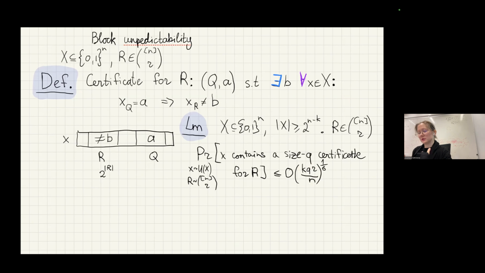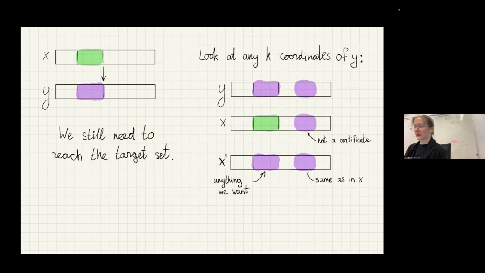This is what we need to look after: that after finding the mirror set and taking the biggest chunk out of the mirror set, we still have quite a large set. And now we have more freedom in flipping the bits, which is good. But as I've written here, we still need to reach the target set. Even if we have more freedom in flipping the bits, this is still a challenge.